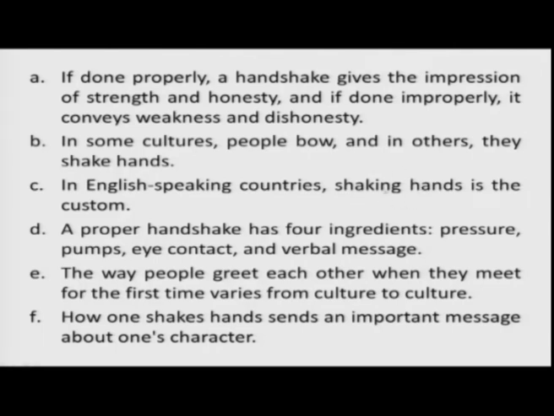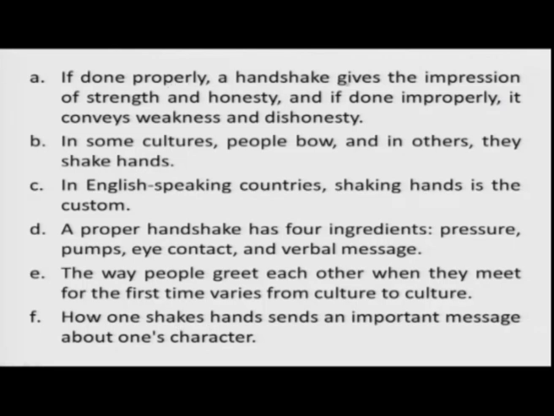Now, about shaking hands. You see that sentence F talks about handshakes sending an important message about one's character, and then A also gives some details. So, these two must be related. First F comes: how one shakes hands sends an important message about one's character. How does it send?